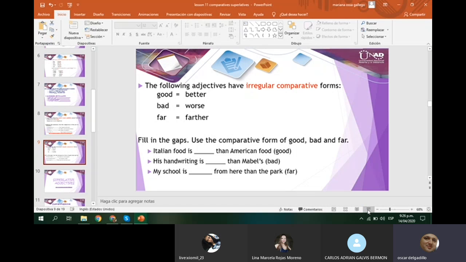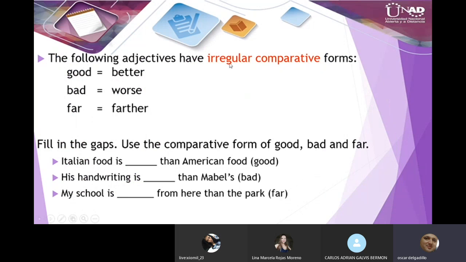In comparative adjectives, we have some irregular adjectives. For example, good. We don't say gooder. Good is irregular. For that reason, we say better, but worse, far, farther.